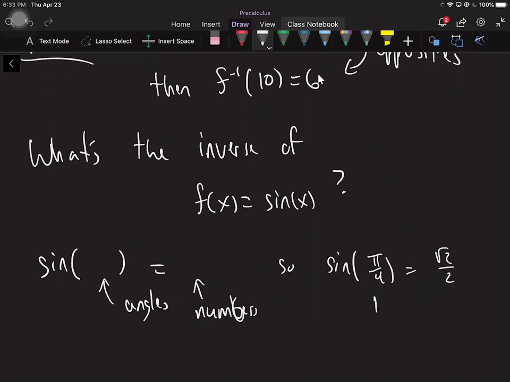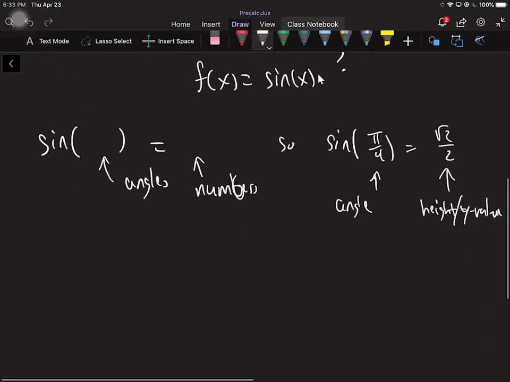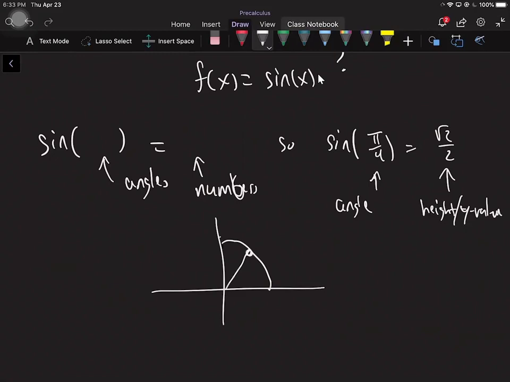So we have this angle that we input, and then we have this, not just a number really, but actually a height or a y value. And that comes from drawing the whole circle and doing this little process where we say, there's my angle, pi over 4, and then my y value is root 2 over 2, and that's why sine of pi over 4 is root 2 over 2.